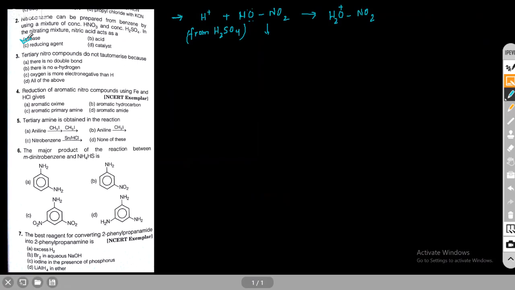So tertiary nitro compounds do not show tautomerism because they have no alpha hydrogen. Answer is B, correct. Alpha hydrogen is required. Easy, this one. Question number 4.